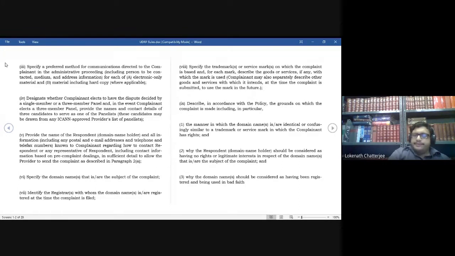Now 9 is important, which shows the grounds. We have just seen who can make the complaint, what the complaint can comprise, on what basis the complaint can arise. When we were discussing policy, we were discussing under paragraph 4. So essentially those grounds. So under Roman 9, you've got 1, the domain name is identical or confusingly similar.